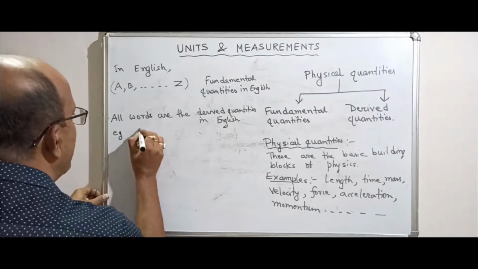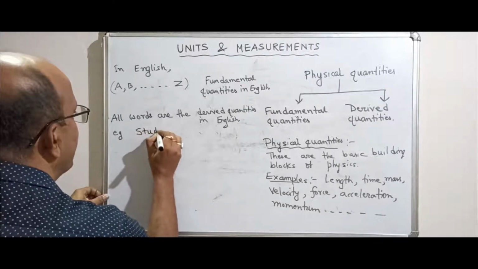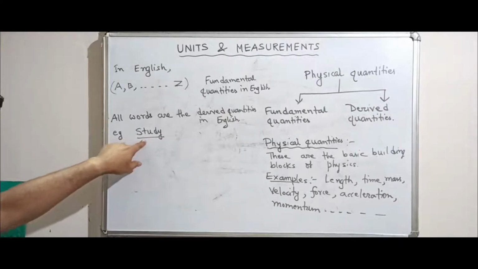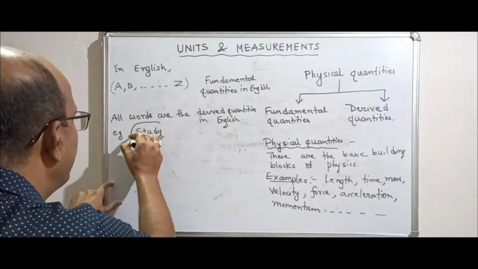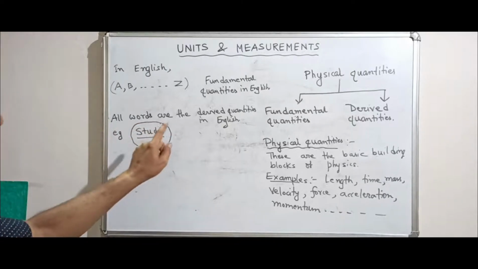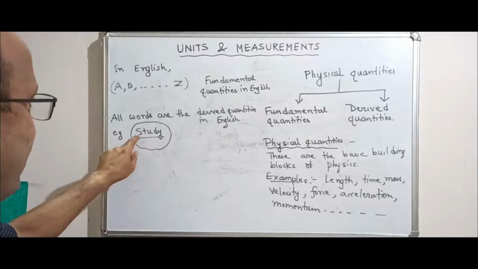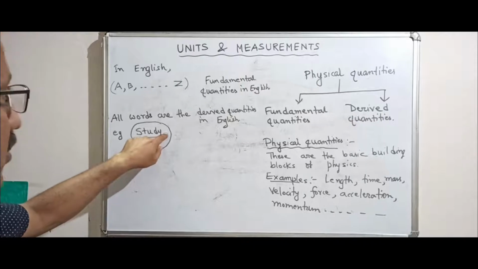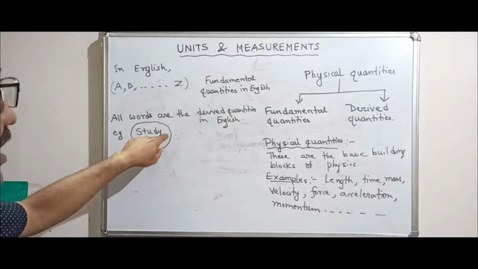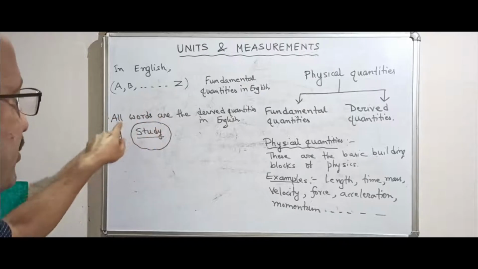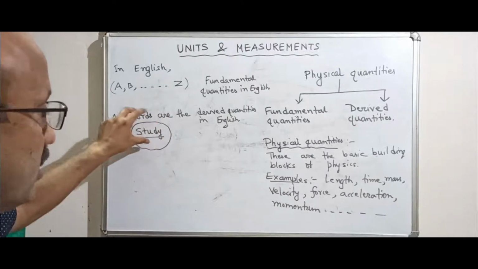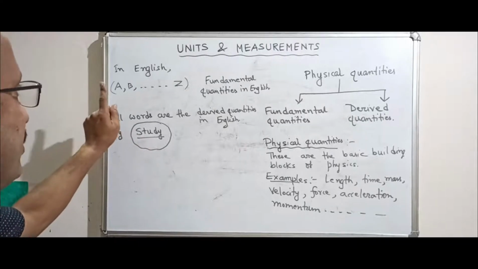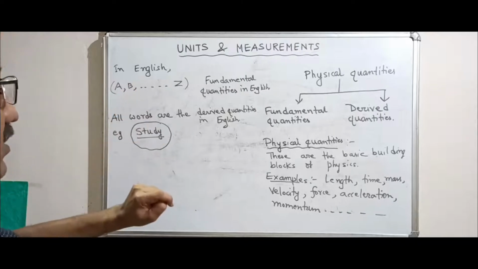Like if I use a word called study, this is a derived quantity because the word study involves how many alphabets of English? S, T, U, D, Y. 1, 2, 3, 4, 5. 5 alphabets of English are used to make this word study. So the word study is derived by the use of 5 fundamental quantities in English.